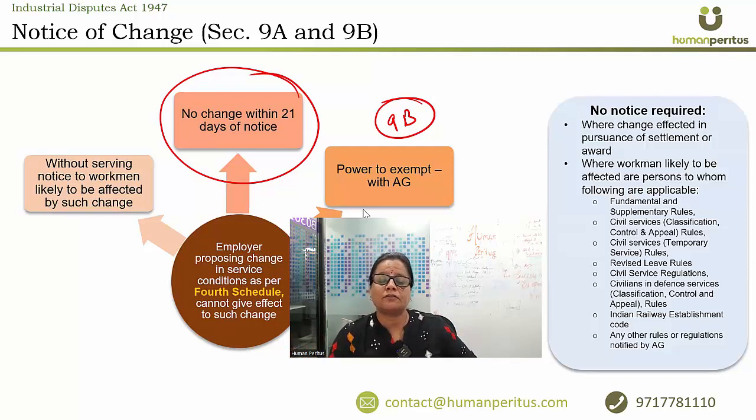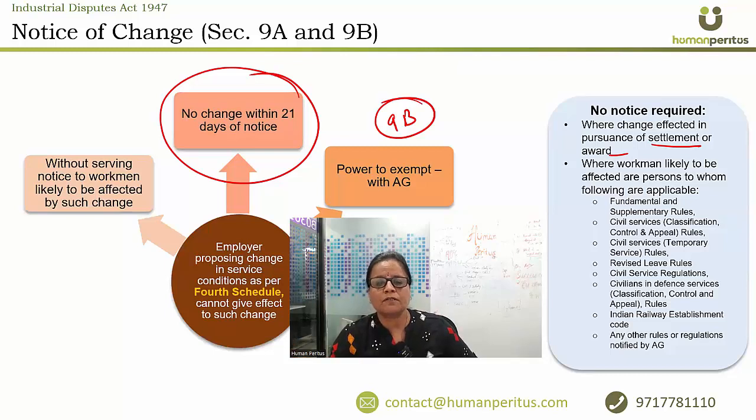It means the employer is not under mandate to serve 21 days notice to the workmen. What are those conditions? First of all, if any proposed change is given effect out of any settlement or award. So if there is any settlement between the employer and the workman, and pursuant to that settlement, or if there is any award given by any labor court or tribunal, then pursuant to that settlement or award, if any change is to be given effect, it can be done without serving this 21 days notice, right?